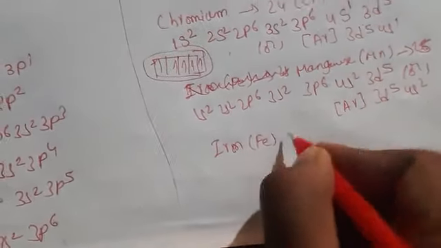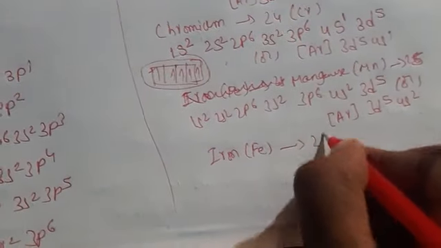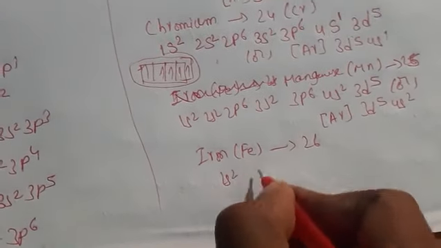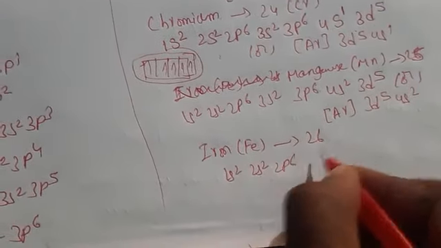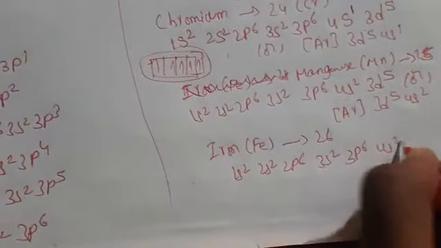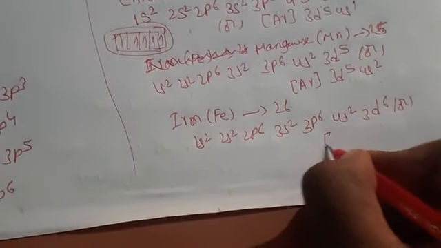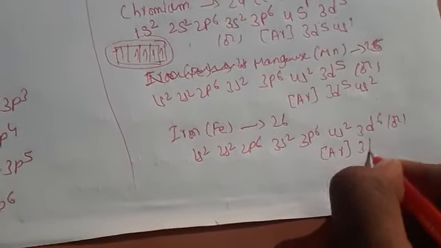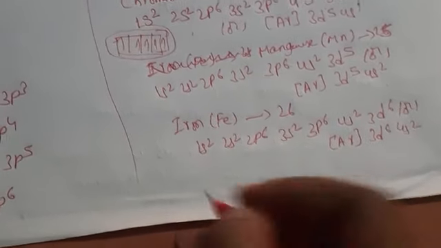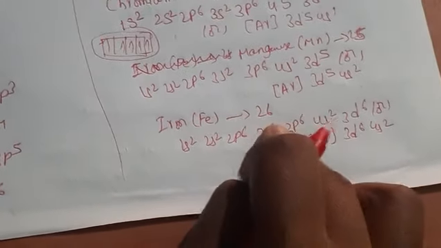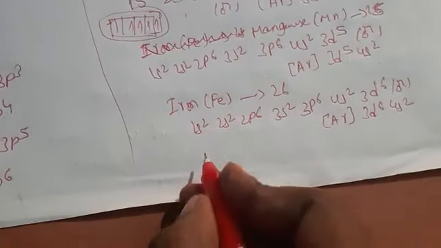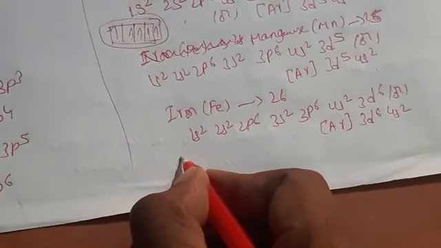Next one we have is iron. The symbol is Fe. It has atomic number 26. The electronic configuration is 1s2 2s2 2p6 3s2 3p6 4s2 3d6, or we can write argon 3d6 4s2. You can write either this one or this one. And coming to the next one, cobalt.